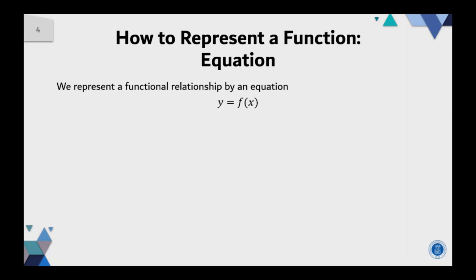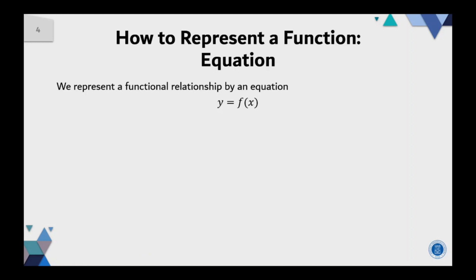So we know what a function is. Now we want to know how we can represent a function. In this subchapter we will learn two ways of representing a function. The first one is by using an equation.